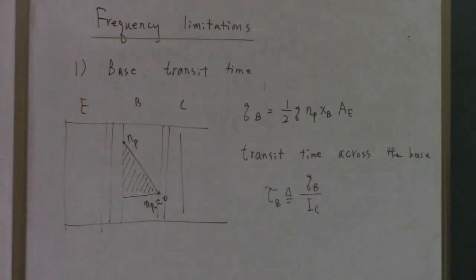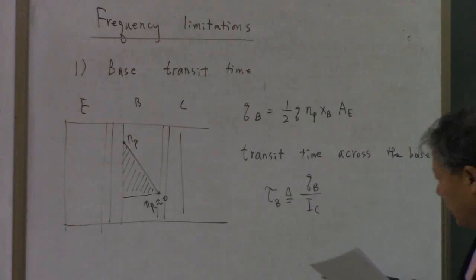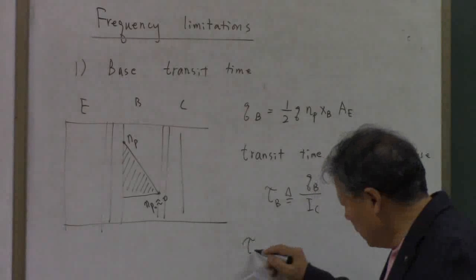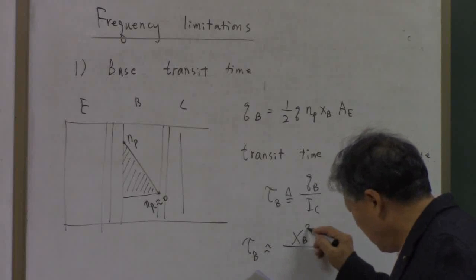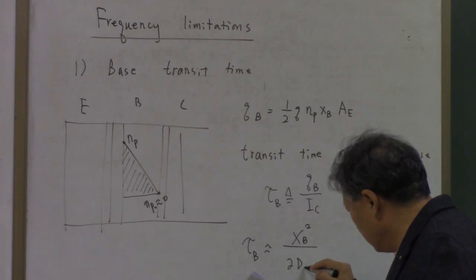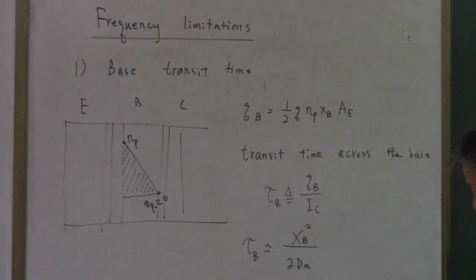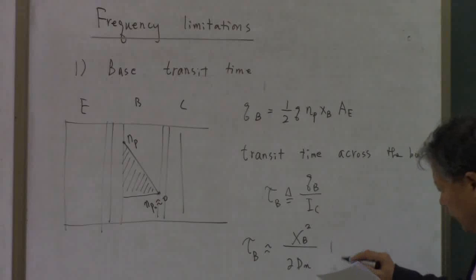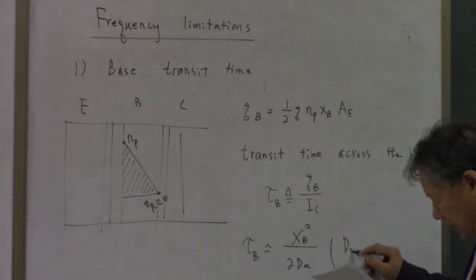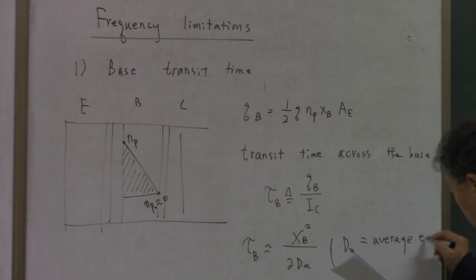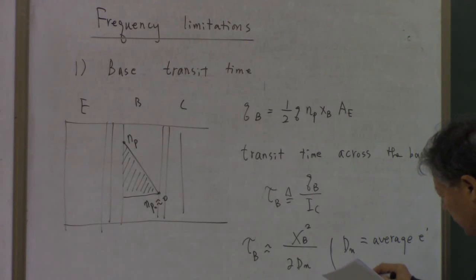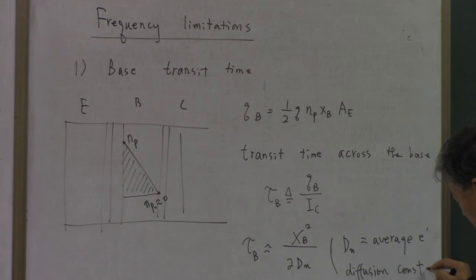That is the transit time, and it can be written as X_B squared over 2 D_n. Here, D_n is the average electron diffusion constant in the base.